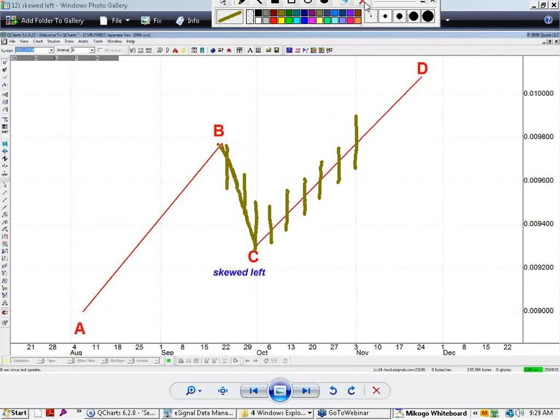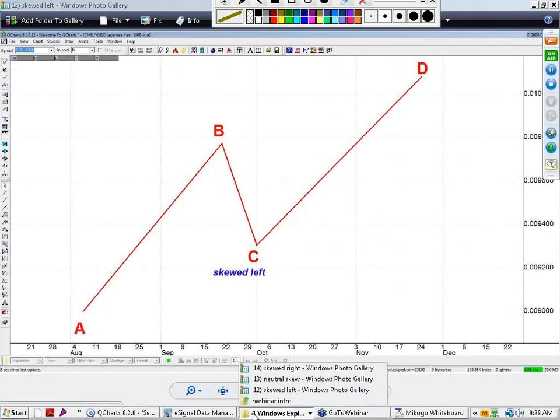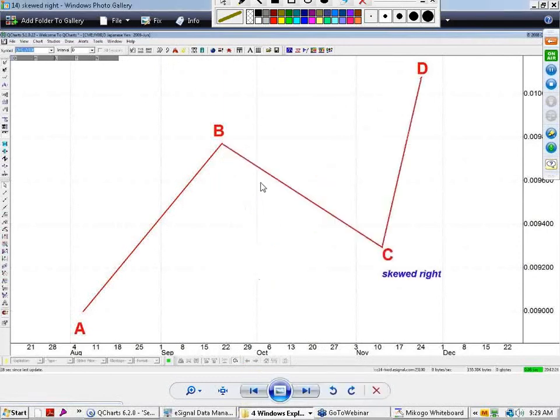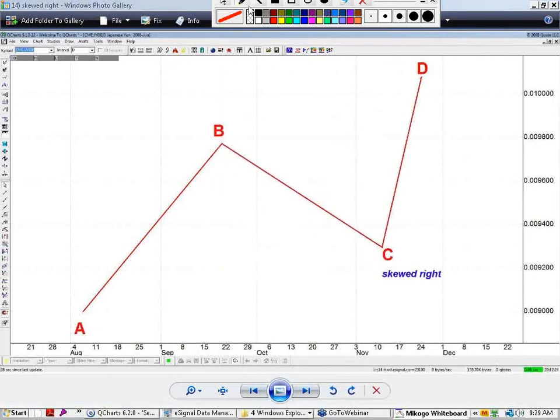Now, the opposite of that is when it's skewed to the right. When it's skewed to the right, what you have is a small, slow, lazy move down. It will take a lot of bars. The bars are overlapping. But once it gets down to point C, all of a sudden, 1, maybe 2 bars later, you're above B already.